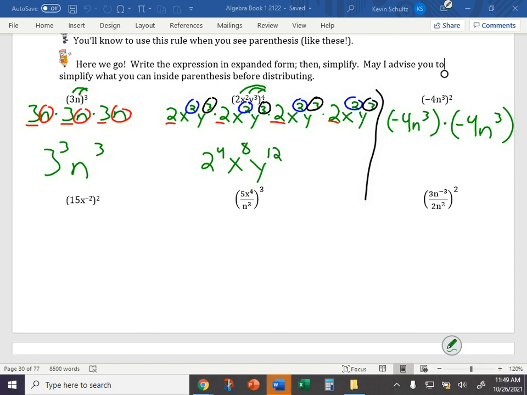Because when we distribute this power of 2, using the rule here, into our negative 4, that negative sign is part of the base, which means that we need that negative 4 in parentheses when we square it. Without parentheses, the negative sign is not part of the base. It needs to be in parentheses because it started in parentheses.